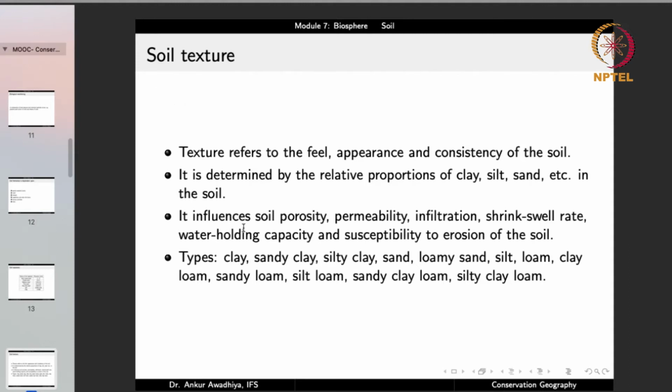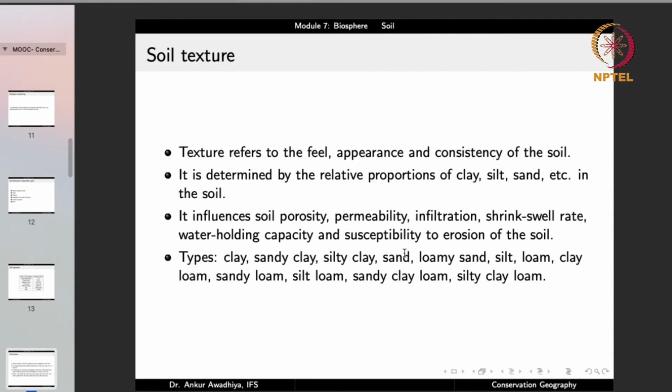And soil texture is classified into a clay texture. So a clay texture means that you have an abundance of clay. That is, most of the particles in the soil are very fine in diameter. Then we have sandy clay, we have silty clay, which means that we have clay with sand or clay with silt. Then we have a sandy texture, which means that the majority of the fragments are sand. We have loamy sand.